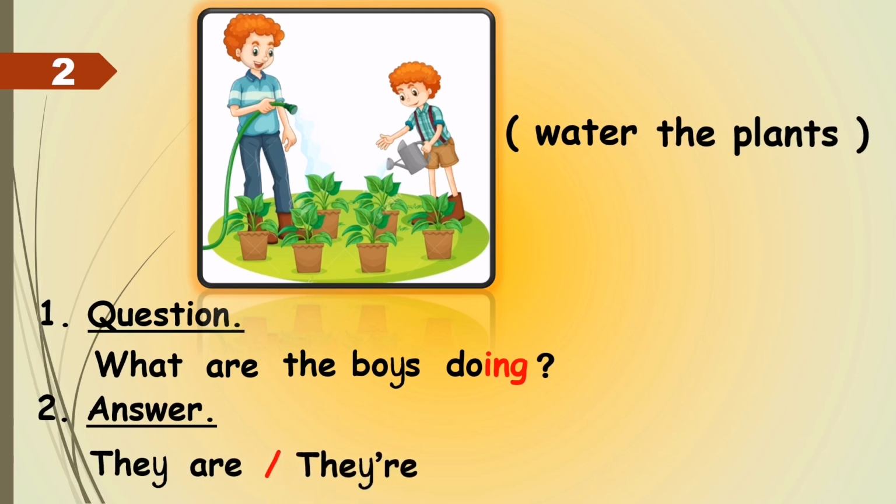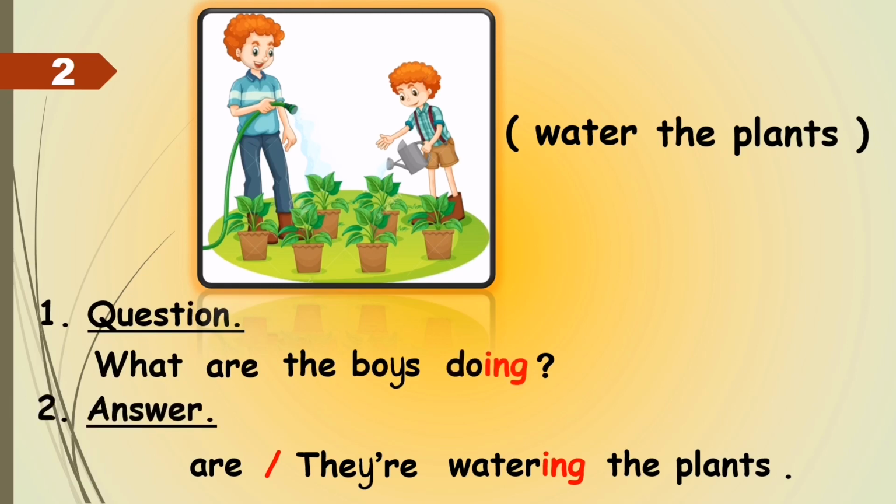And the verb with ing, water plus ing becomes watering, and the object, the plants. And don't forget the full stop. They are or they're watering the plants. Now, the question, what are the boys doing? Answer, they are or they're watering the plants.